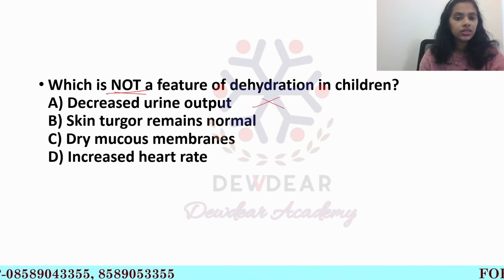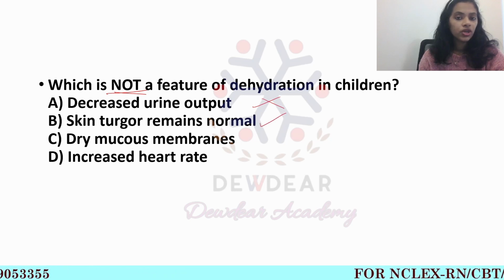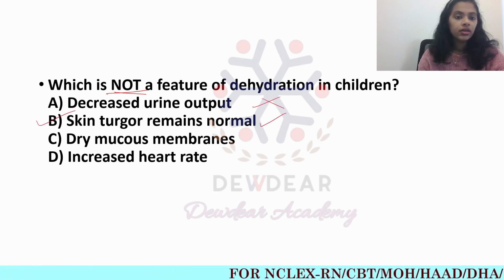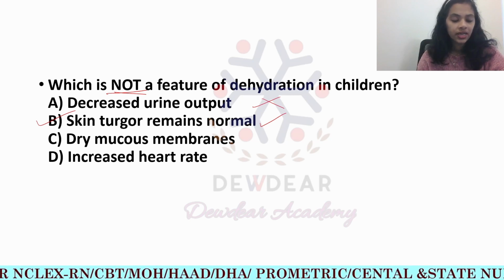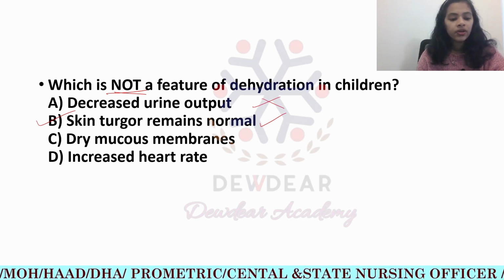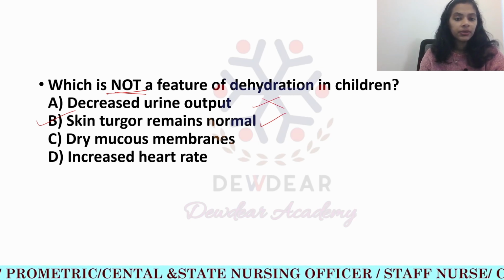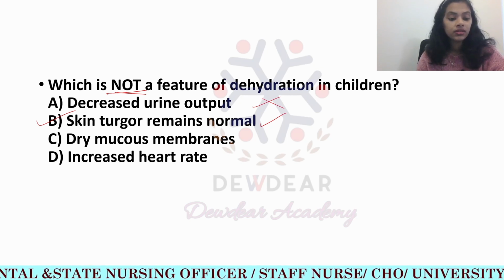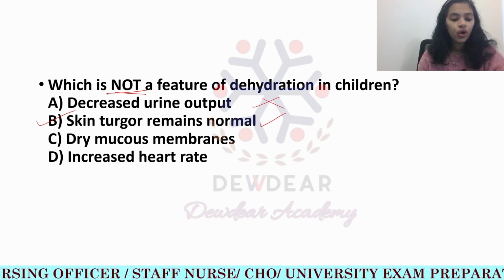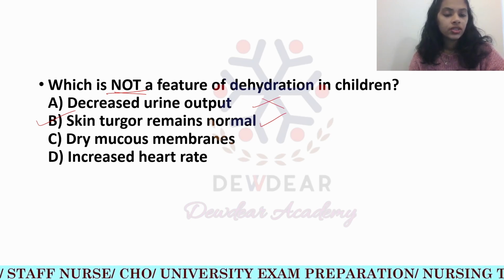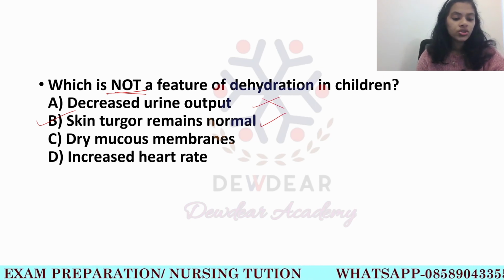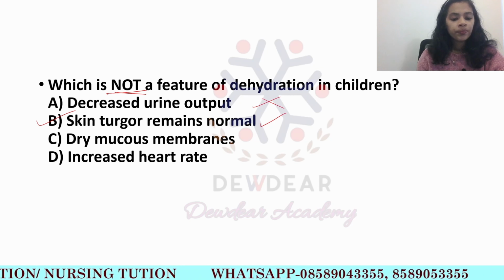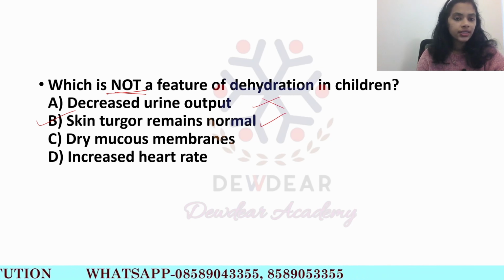So skin turgor remains normal is not a feature of dehydration, and that is the correct answer here, because in dehydration there can be delayed skin turgor, and the skin remains tented for longer after being pinched. The skin turgor is lost in dehydration.